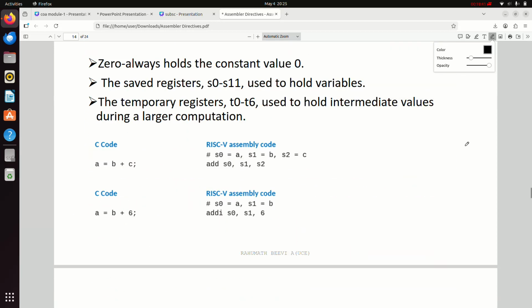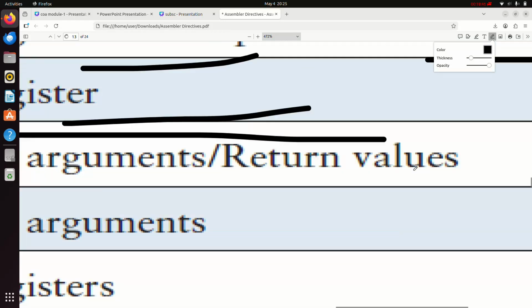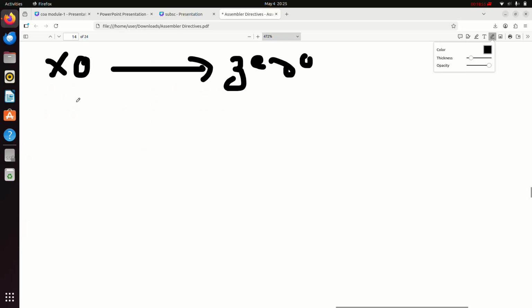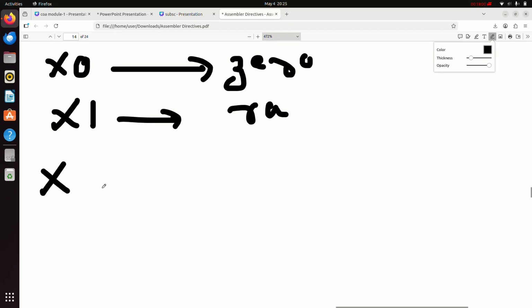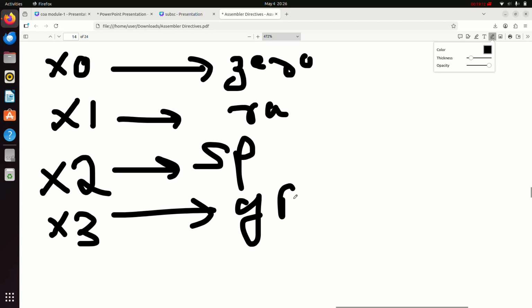If I take a blank page, we started with x0, this is the 0. Then x1 is the return address. Then x2 is the stack pointer, x3 is the global pointer, x4 is the thread pointer.